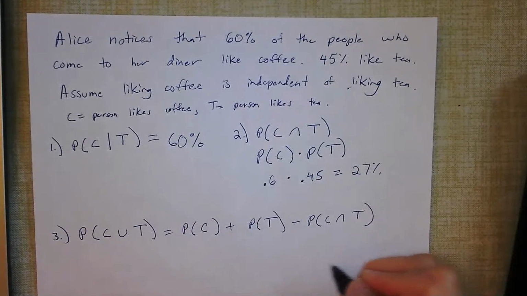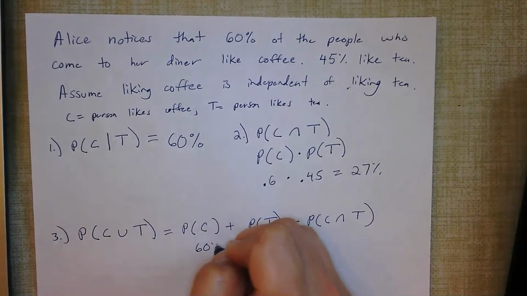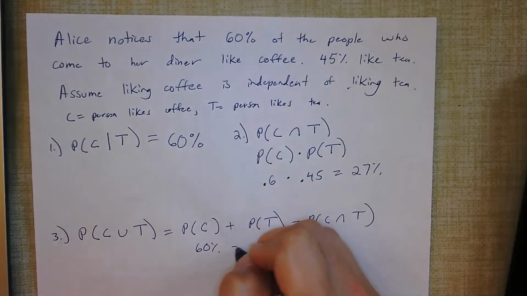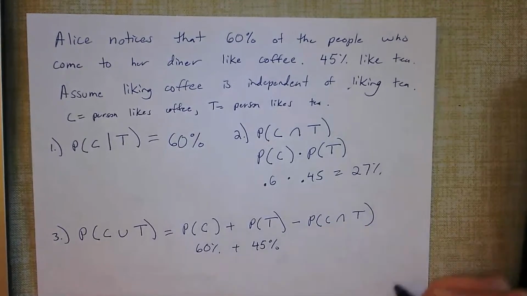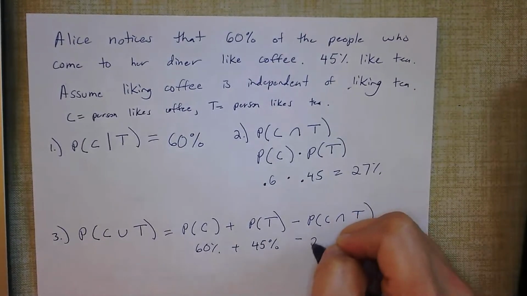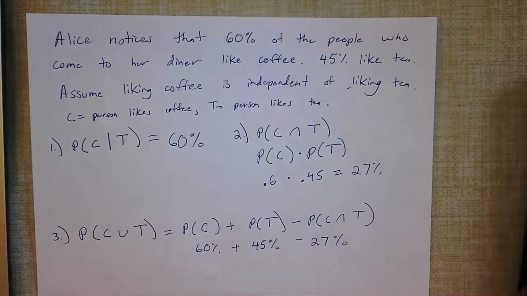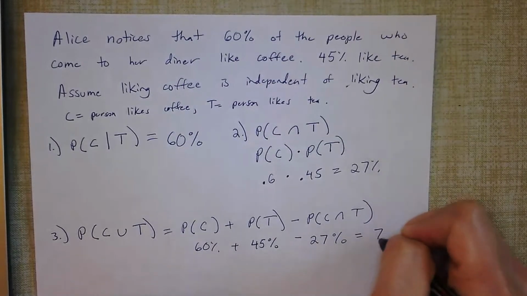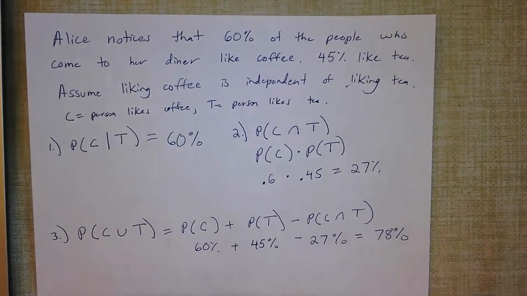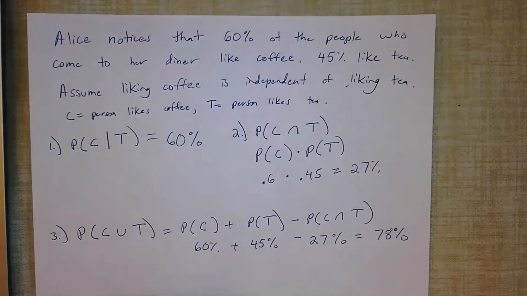So I've got 60% who like coffee plus 45% who like tea minus my 27% who like both, because I don't want to count them twice. If I do that, 105 minus 27 is 78% of my customers like either tea or coffee.